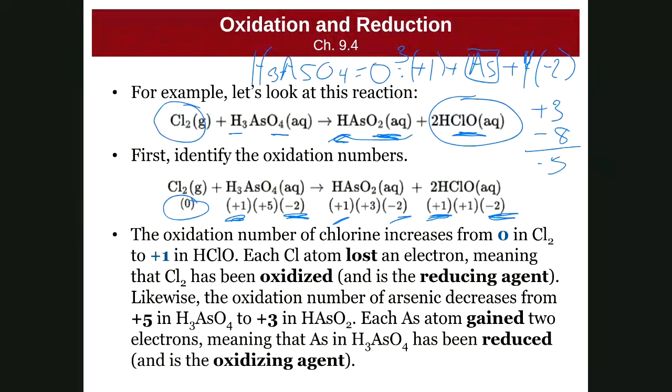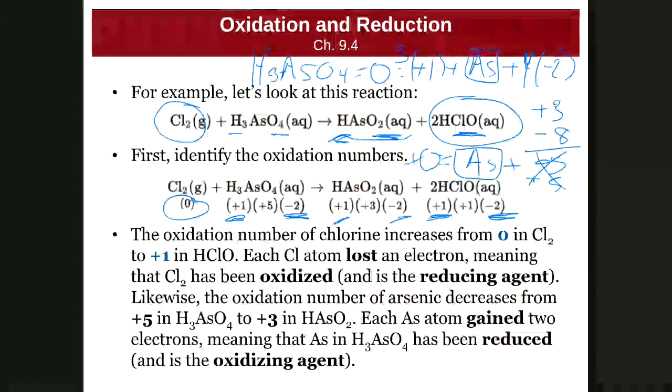So we have -5 plus the arsenic oxidation state equals 0. To balance that out, we add 5 to the other side, and we see that arsenic is a +5 in that molecule. We do the same thing for the other two to find out what this arsenic and this chlorine are. So that arsenic becomes a +3 oxidation state, and this chlorine becomes a +1 oxidation state.